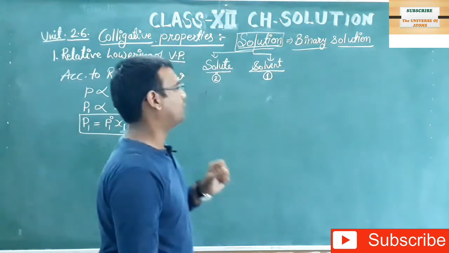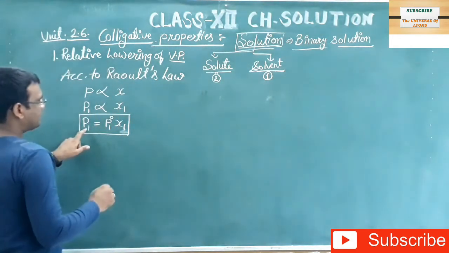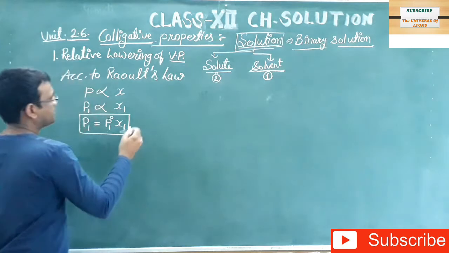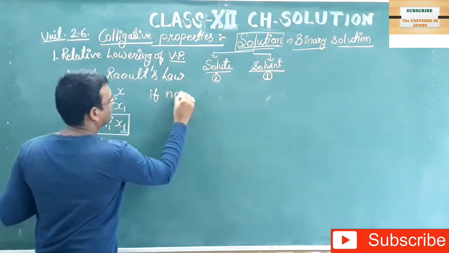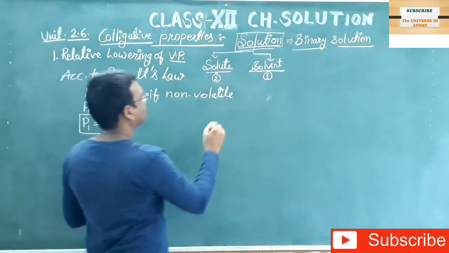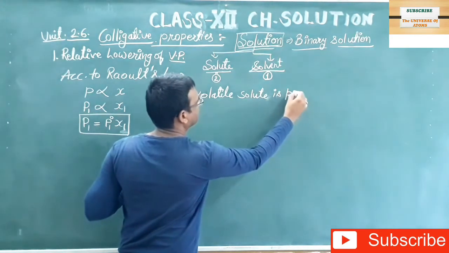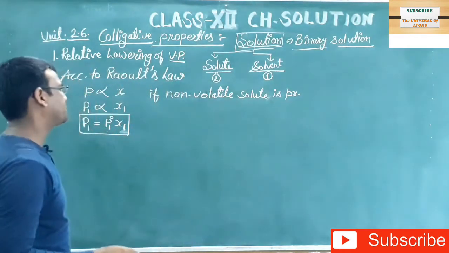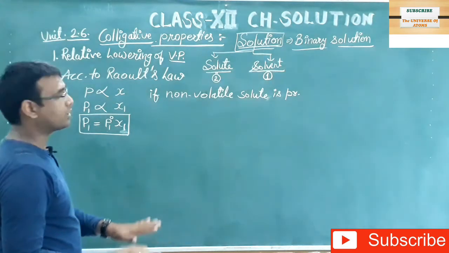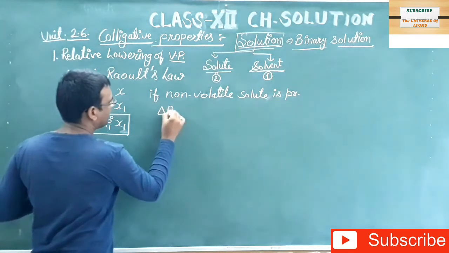It means P1 is less than P1 naught when a non-volatile solute is present. So if a non-volatile solute is present, then the vapor pressure of the solution will be decreased. In that case, the change in vapor pressure is delta P.